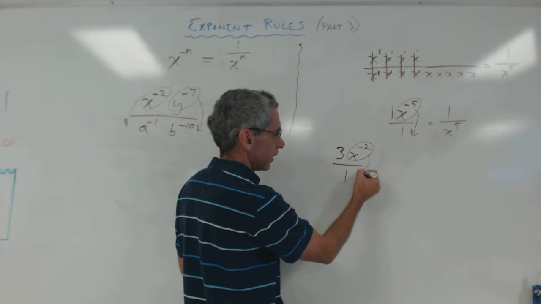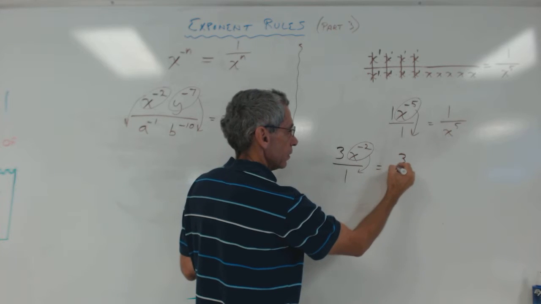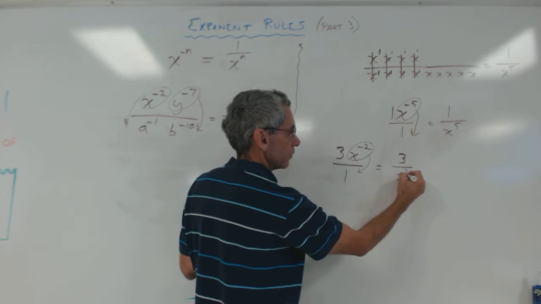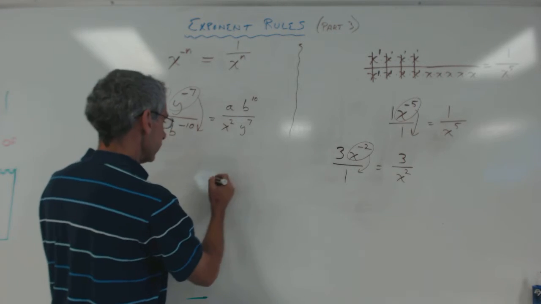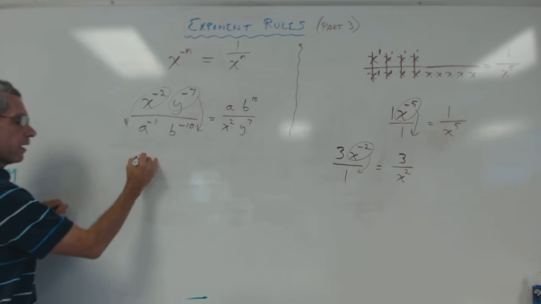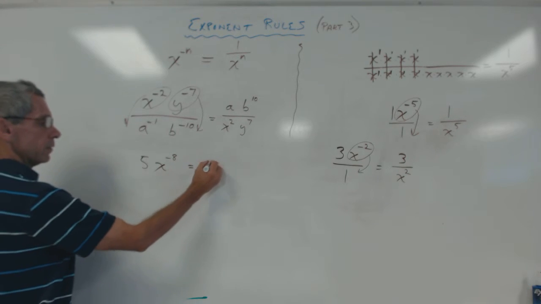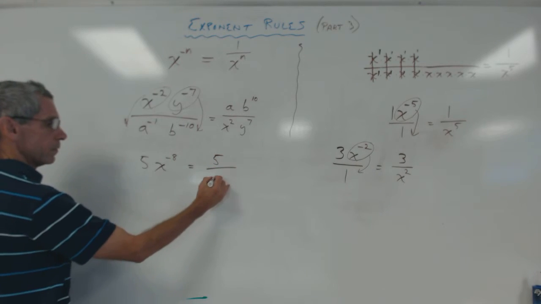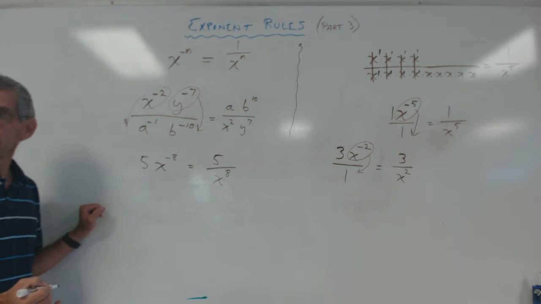I now know that goes down, the 3 stays up. You get me? 3 over x to the positive 2. How about this one? We'll just do a bunch. 5x to the negative 8. What would it be? It'll be 5 over x to the 8. You got it? Makes sense to you? Awesome.